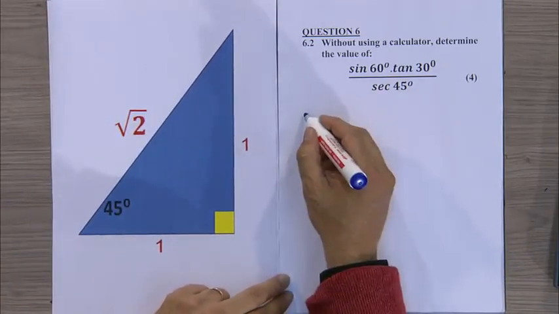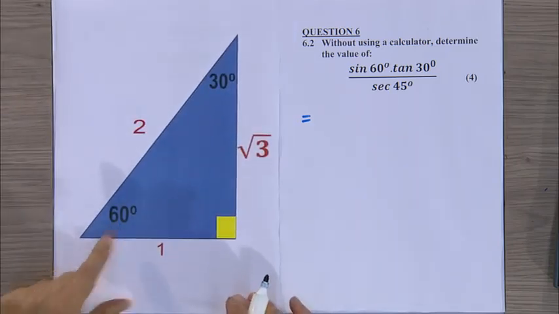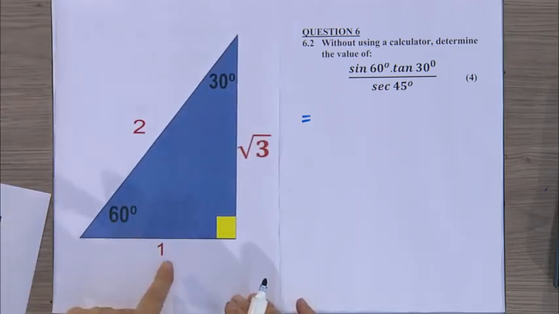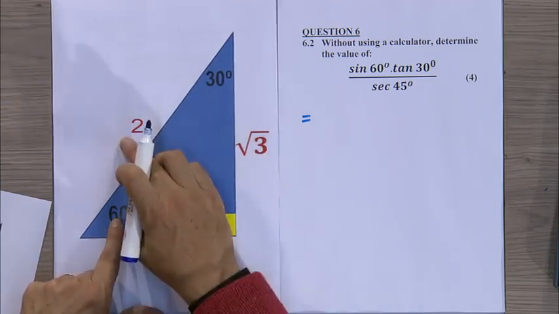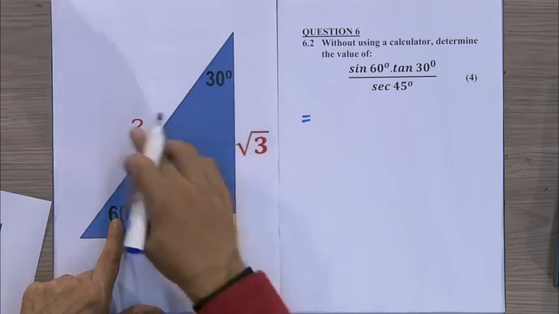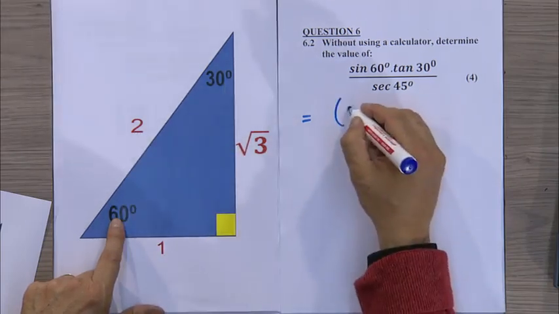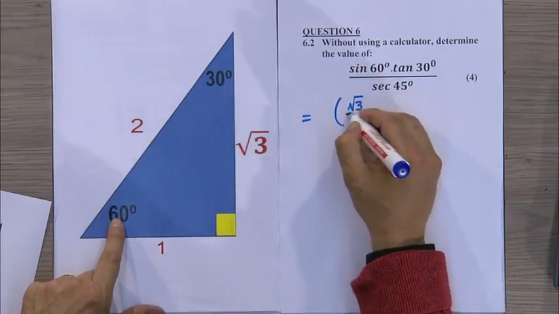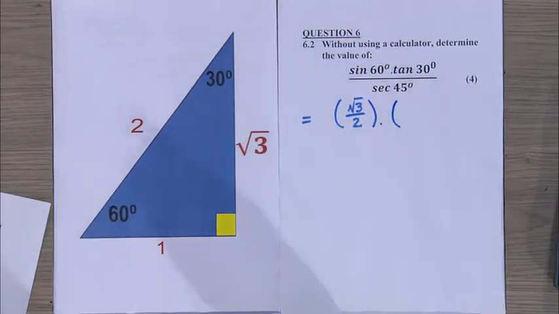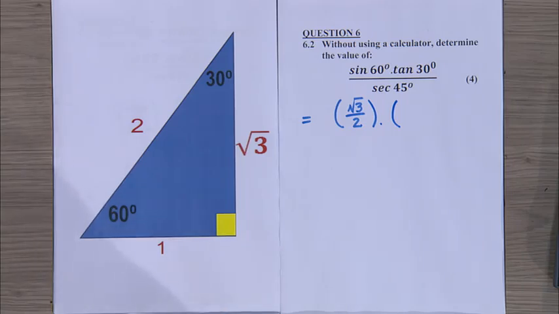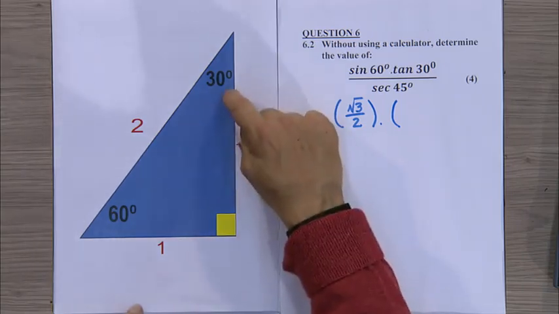Sine 60, right? Where's our 60 degrees? What is sine? Sine is opposite over hypotenuse. Y over r. So for sine, we have square root 3 over 2. Tan of 30. Now just see here. 30 is over there.